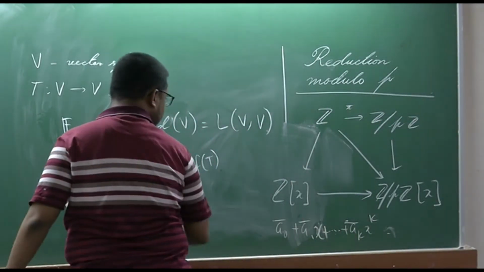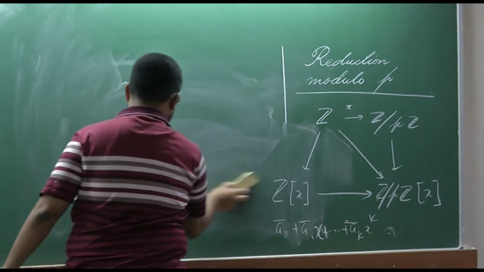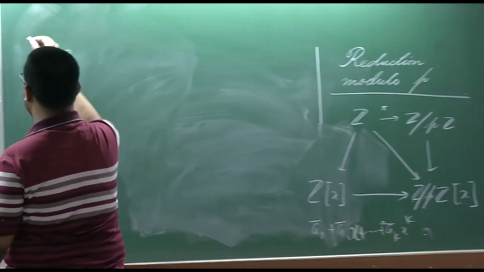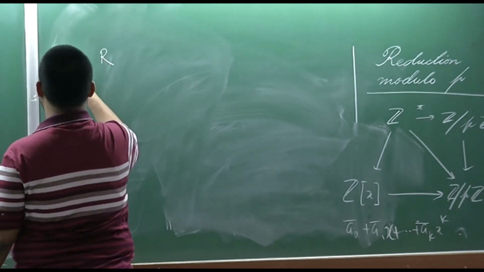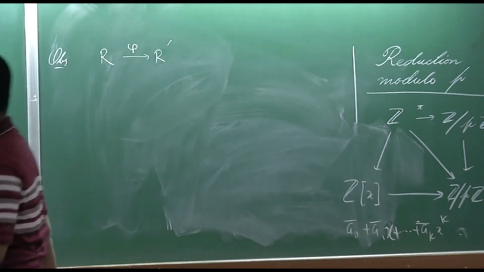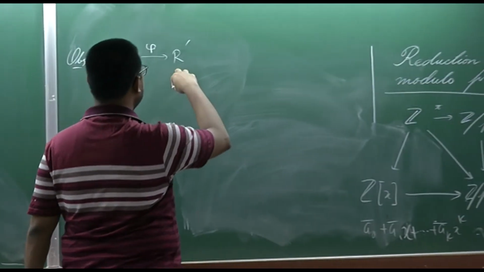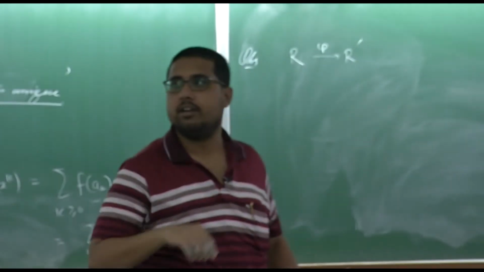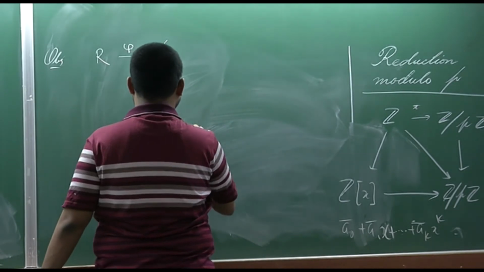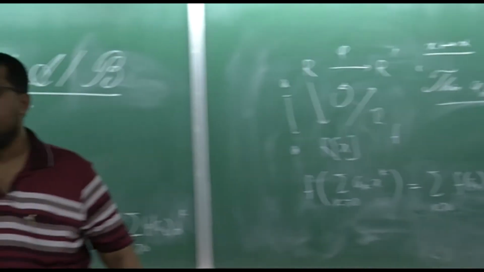In fact, you see that what we have actually done here can be further generalized, a very obvious observation. Suppose we are given a ring homomorphism, then we can further extend this ring homomorphism between the polynomial rings as well. So how to do that? Basically we will consider R to be included inside R prime x, right.